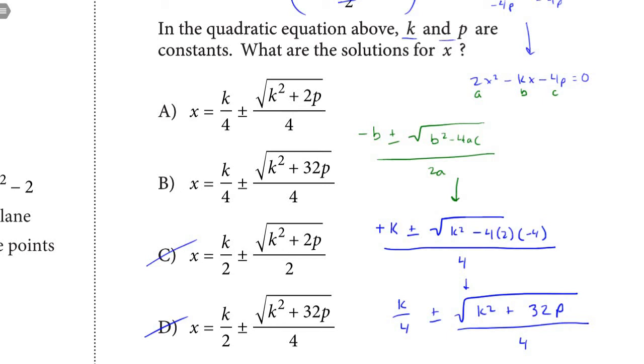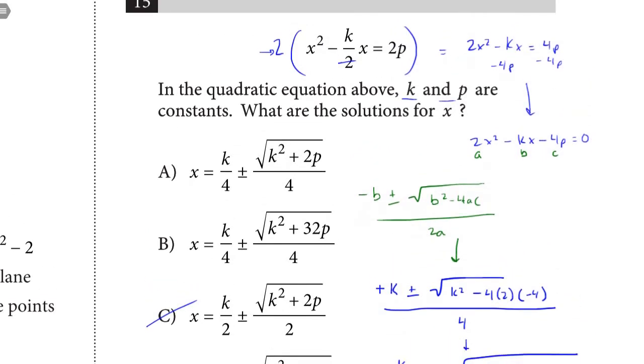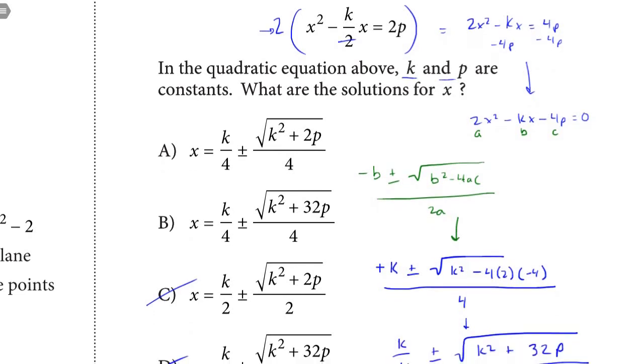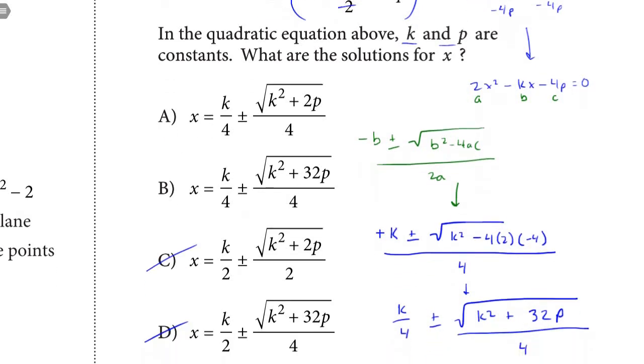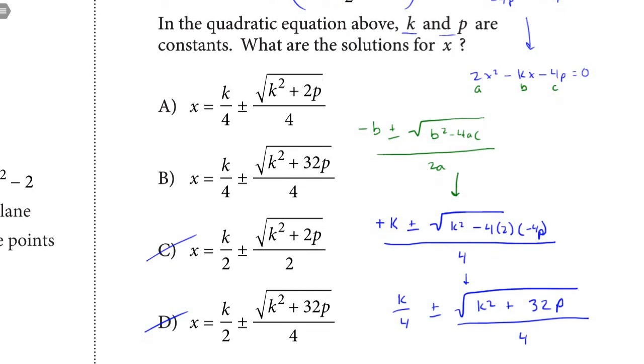Of course, I totally forgot about the p, because the c is not just negative 4, it's negative 4p. So my apologies for that. So you've got a 4 here, and we'll get a 4 there. So the closest one to that is b. That is your answer.